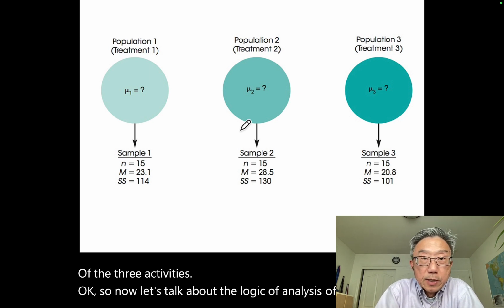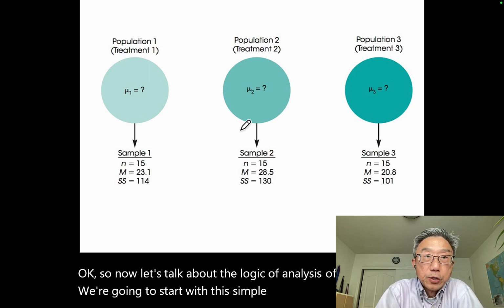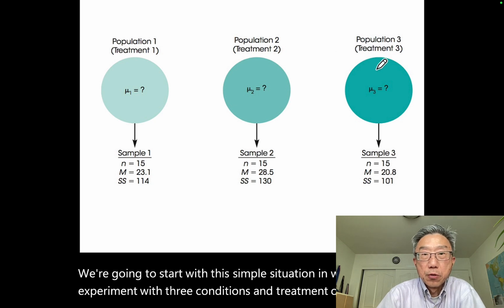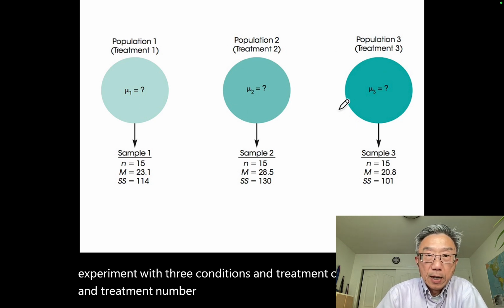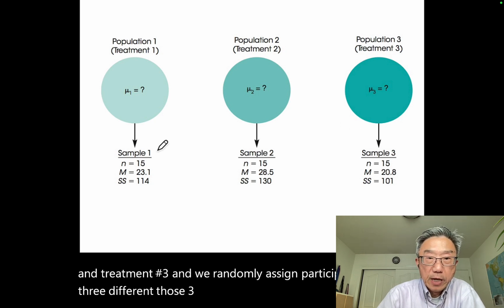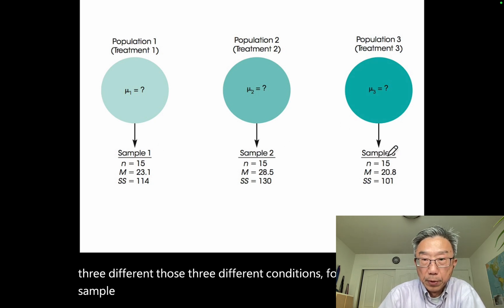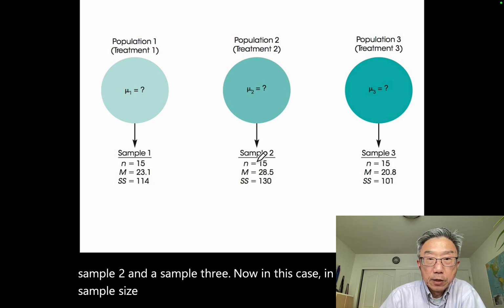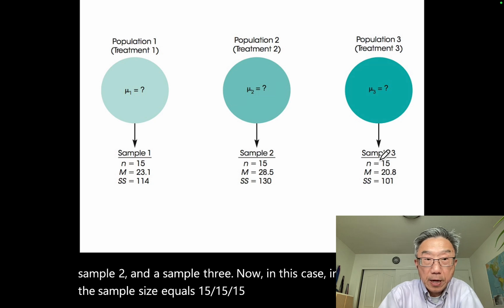Okay, so now let's talk about the logic of analysis of variance. We're going to start with a simple situation in which we have an experiment with three conditions: treatment 1, treatment 2, and treatment 3. And we randomly assign participants into those three different conditions, with sample 1, sample 2, and sample 3. In this example, the sample sizes equal 15, 15, 15, so they're all the same.